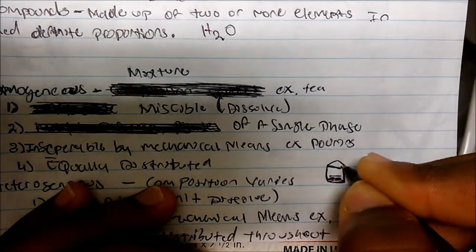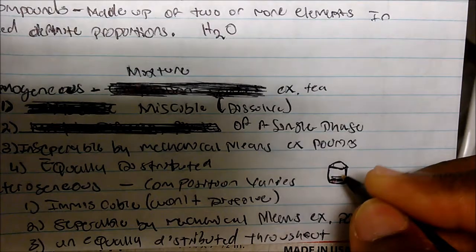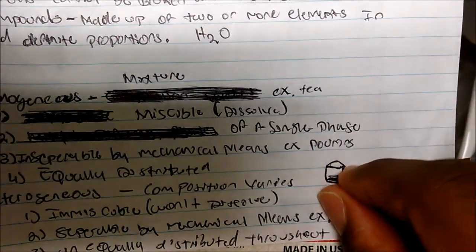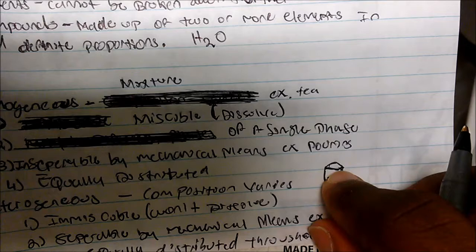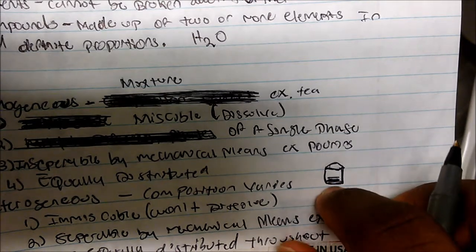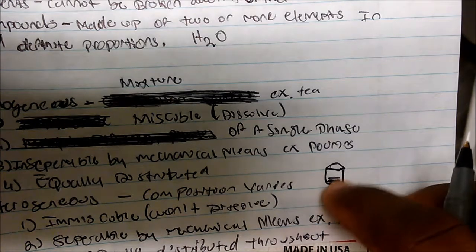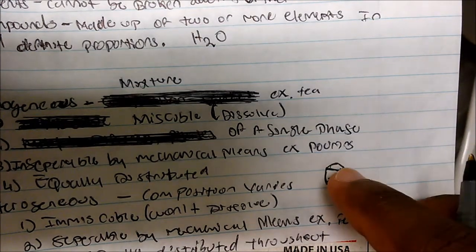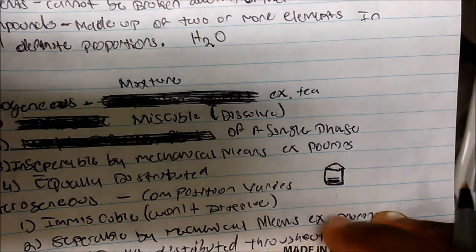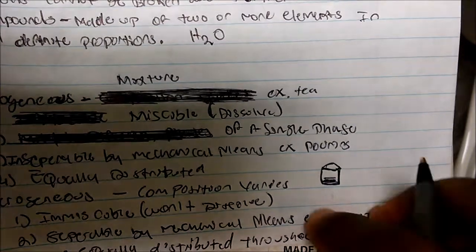The sand will stay at the bottom and the water will float on top. Notice we have two different phases. We have a liquid, which is the water on the top, and then we have the solid, which is the sand. I could simply pour off the water to leave the sand alone in the beaker. So those are separable by mechanical means.